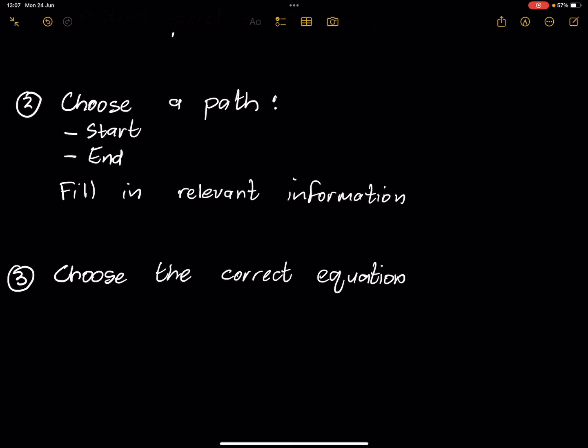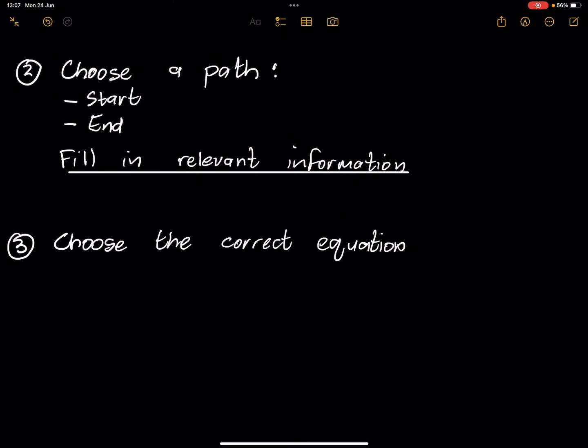In this case, it means that you're going to choose the correct equation based on the information that you have there. Of course, if you don't have time and you're not looking for time, you're going to take the only equation without time. You'll see that as we continue. And then finally, just simply substitute.